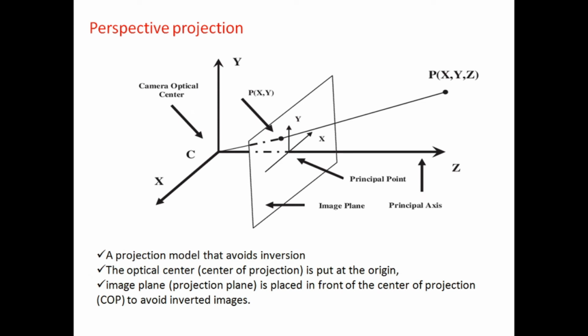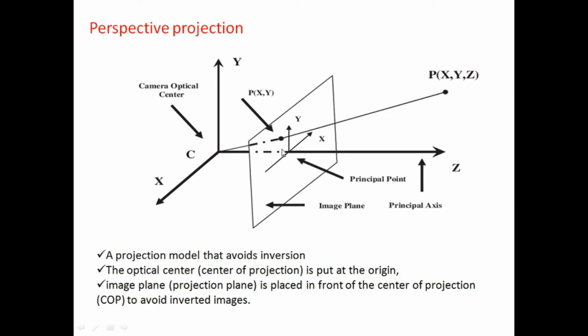Now we have to study what the perspective projection camera model is. So here, what is happening? The camera that is placed here, let me assume this is the lens of a camera, so that means it is my camera's optical center. Now the camera is looking along the z-axis such that the focal point of the camera is at the origin.